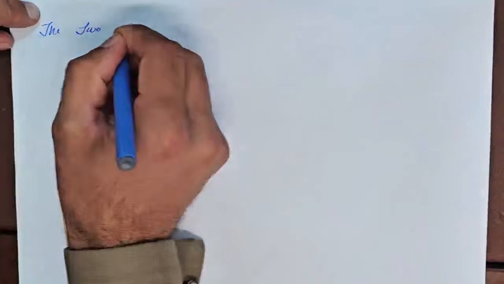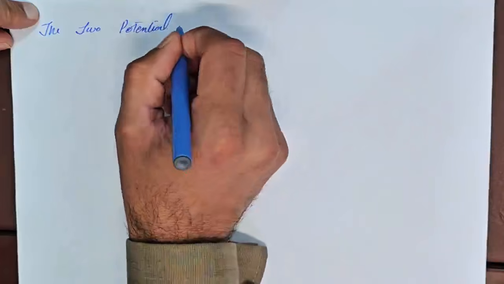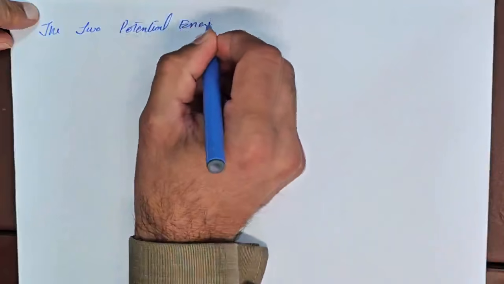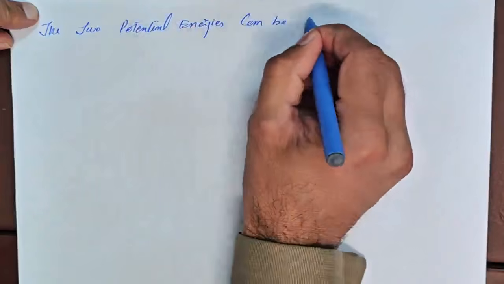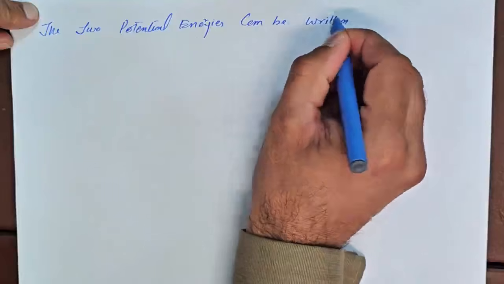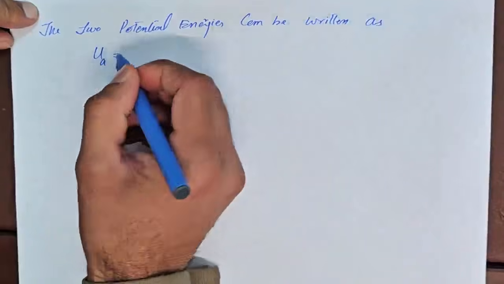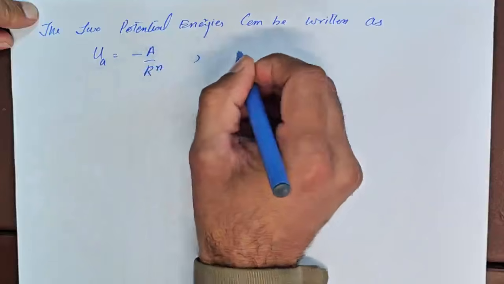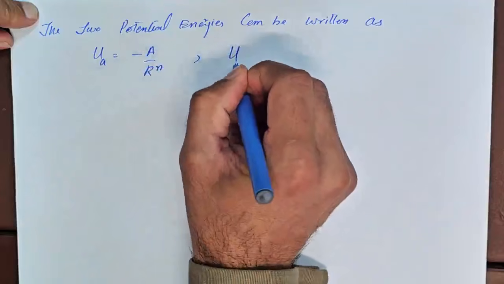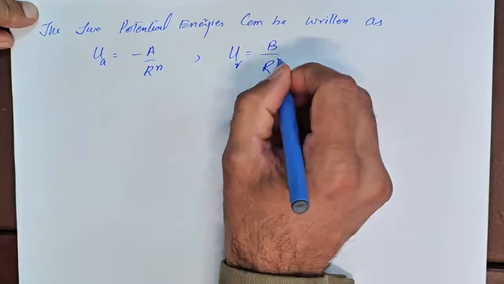The two potential energies can be written as U attractive is minus A divided by r^m, while the repulsive is B divided by r^n.